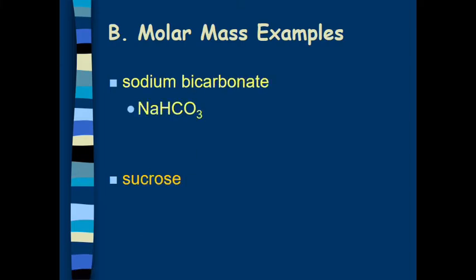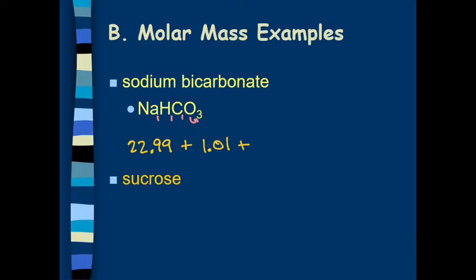Sodium bicarbonate, also known as baking soda. We have 1 atom of sodium, 1 atom of hydrogen, 1 atom of carbon, but 3 atoms of oxygen. So if we were to write this out, since you only have 1 atom of sodium, from the periodic table, sodium's molar mass is 22.99. Hydrogen from the periodic table, 1.01.